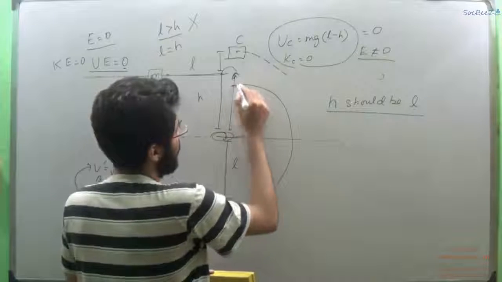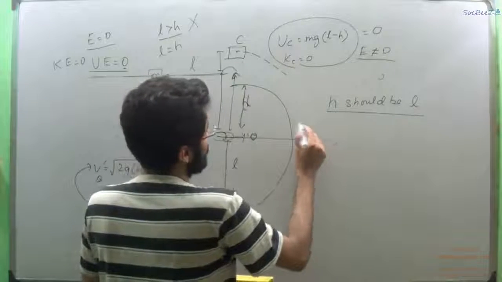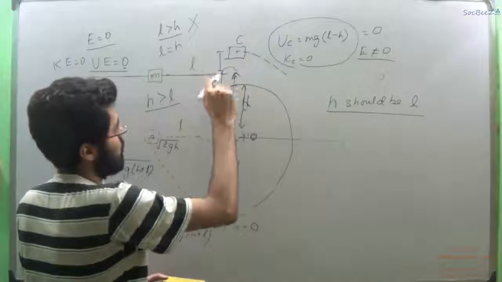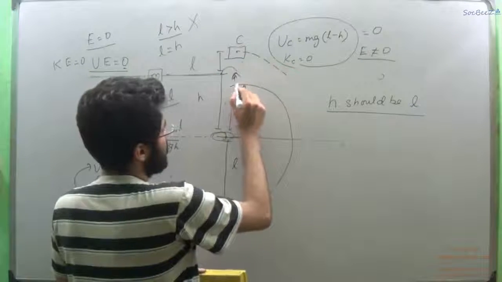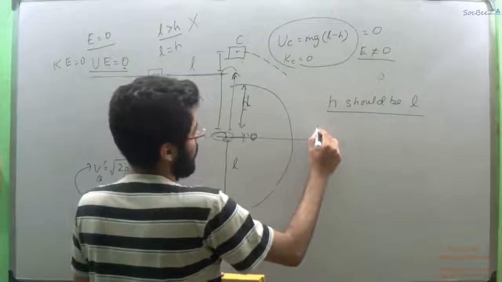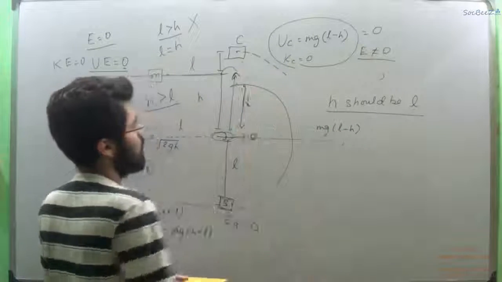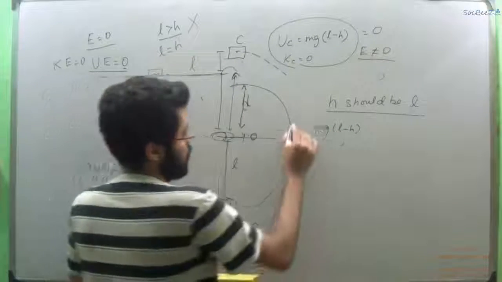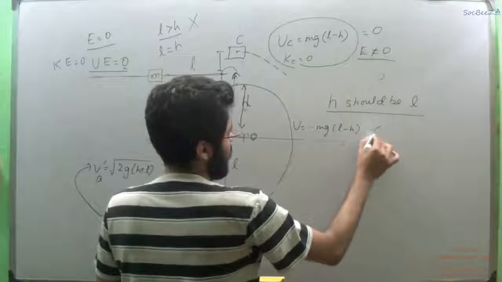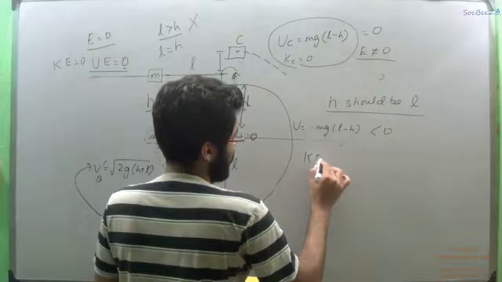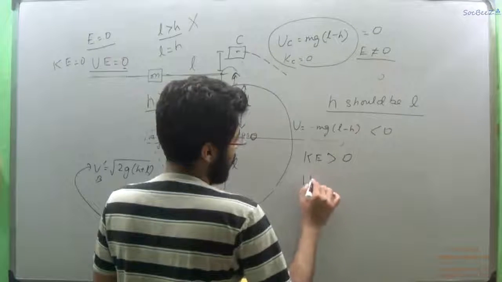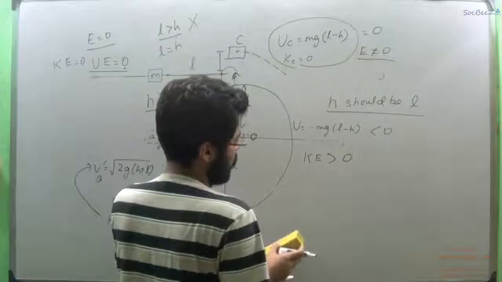Its potential energy here will be what? Since it is below, this potential energy will be negative, minus mg(H minus L). It is below it. So potential energy will be negative. It means kinetic energy will be positive, because ultimately total energy has to be zero.